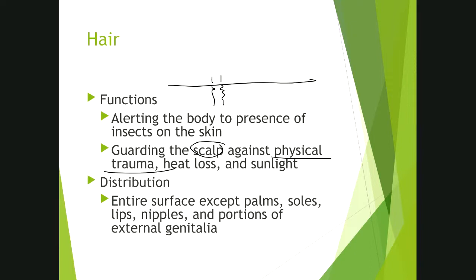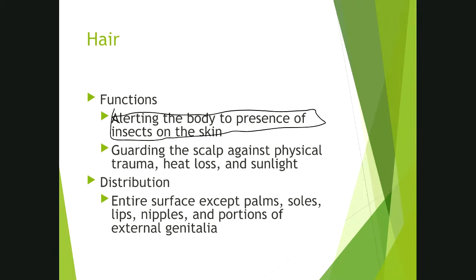And so if something goes crawling across your skin like a bug or something, when it hits that hair, the hair vibrates and it sends a signal to your brain so that you know it's there. And so hairs can alert our body to the presence of things like insects. It can guard areas that need protection from physical trauma.